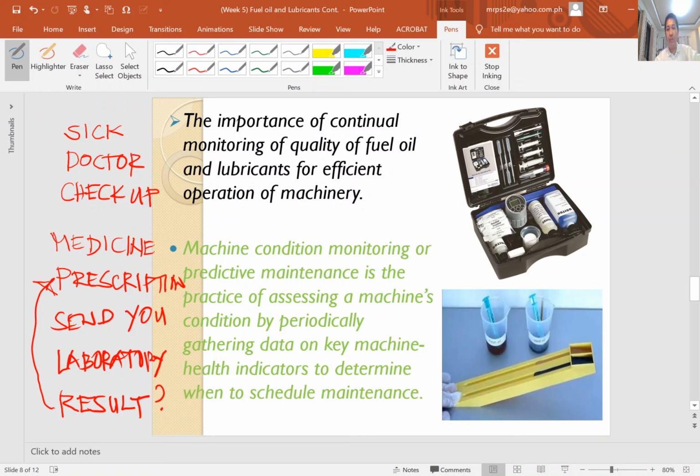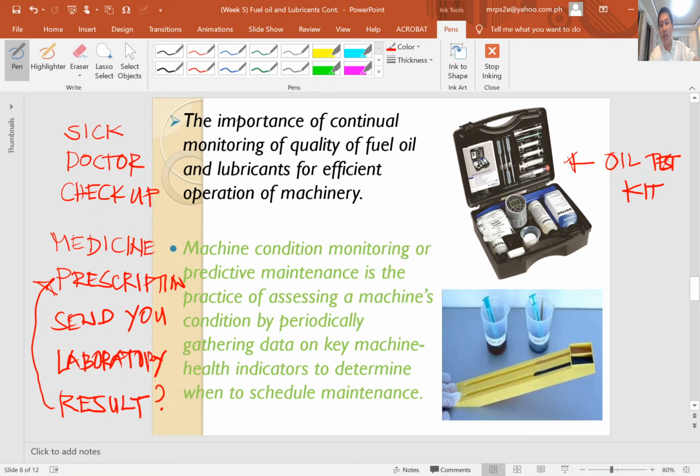In the ship, the lube oil and the fuel oil, you have to test with this equipment. This one is the oil test kit.